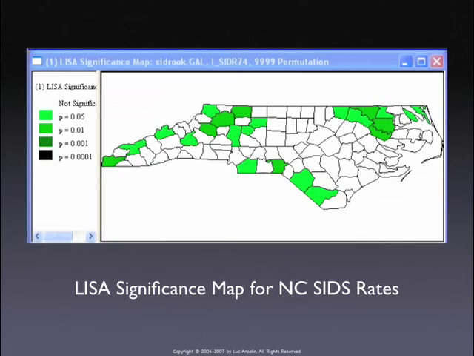Now, what have we said about this p-value? Because it's based on randomization, or permutation, the actual p-value is a function of how many permutations you do. For the global Moran's I, I think we've said in the lab and in the lecture, usually 99 is good enough. It gives you a good idea of whether something is going on or not. For the local statistics, that is not the case.